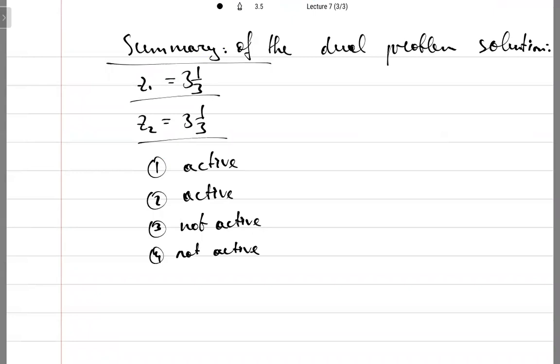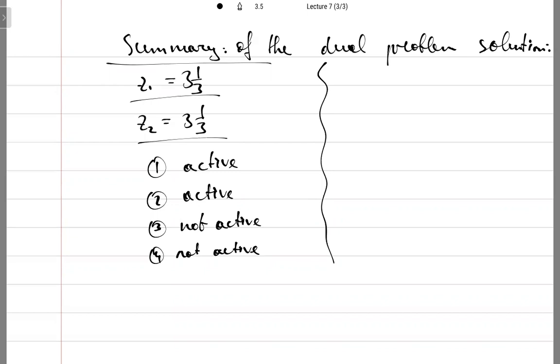Now let's go to the dual problem, because the dual of the dual is our original problem. If we go from the dual problem to that, we will obtain our original problem. So what is the correspondence between the original problem and the dual problem? Lambdas in the original problem are variables in the dual.